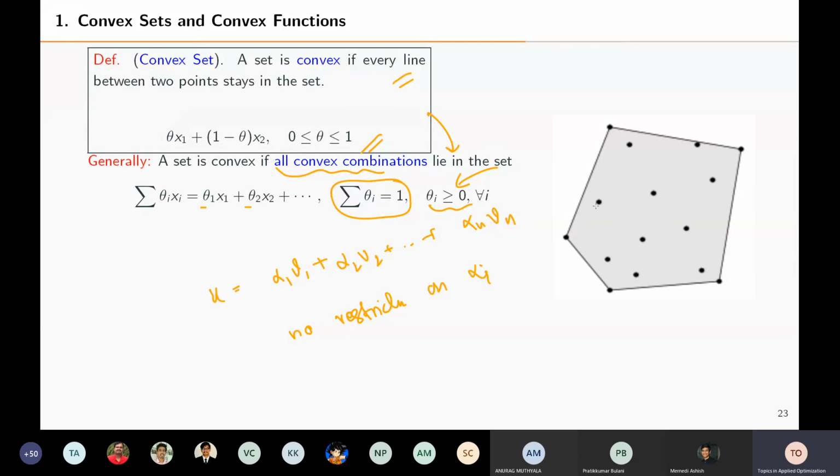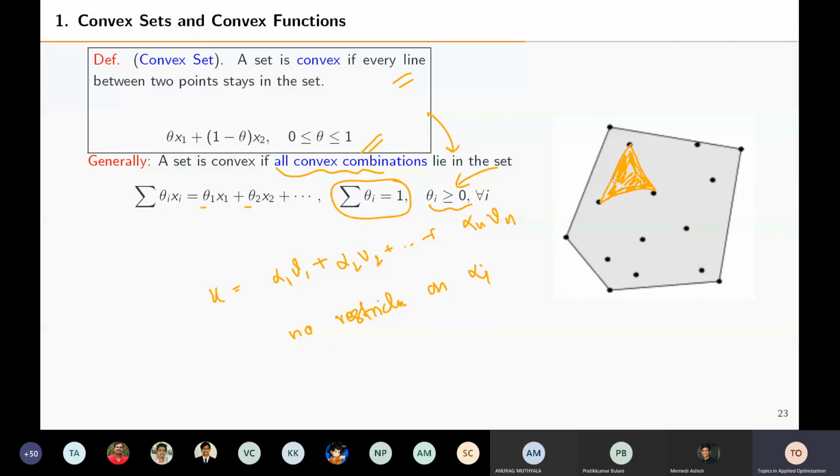What this is trying to say is, let us say I pick any number of points. Let us say I pick this point, this point, this point, and this point. Then any convex combination of these will actually fill everything inside.